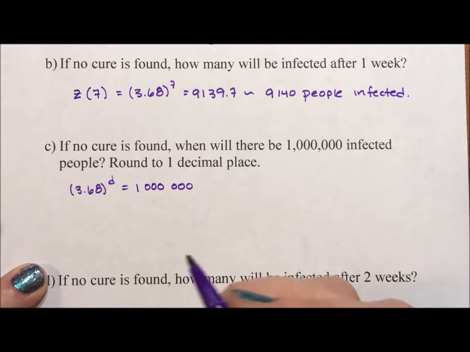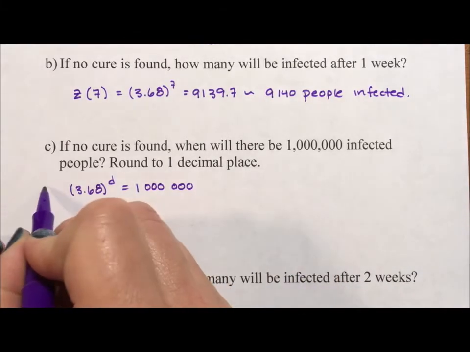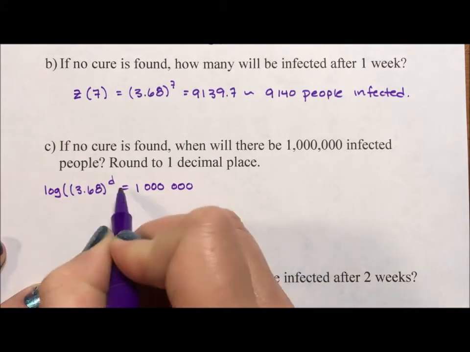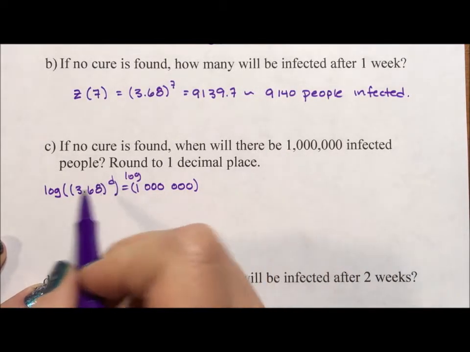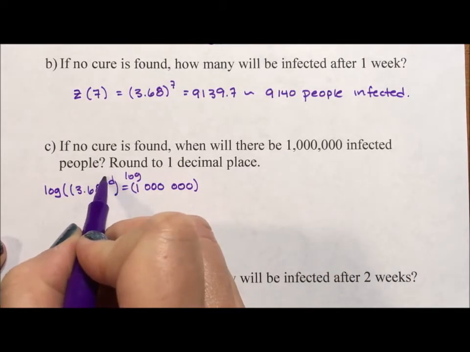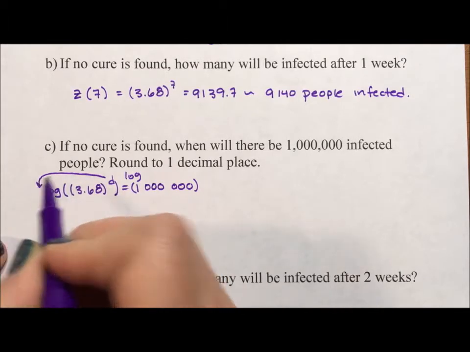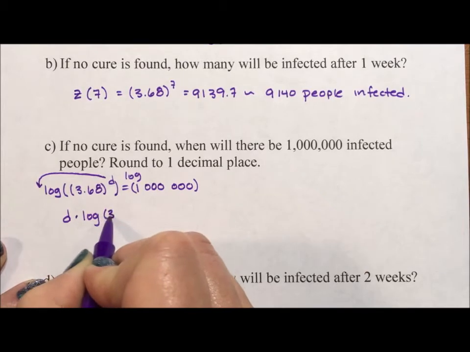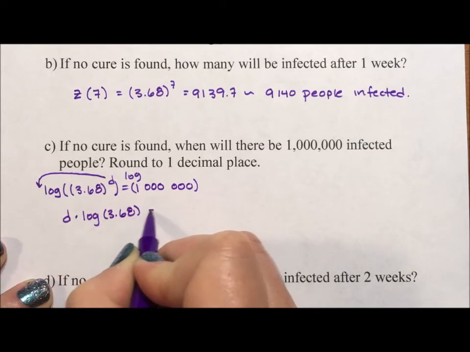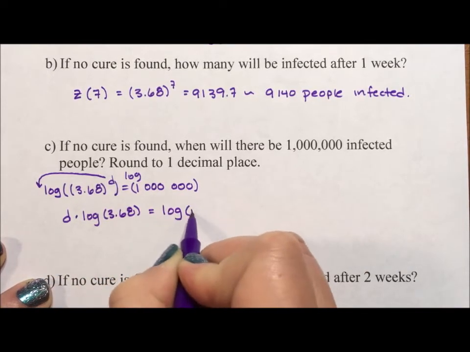Okay. So what I'm going to do is I'm going to take the log of both sides. And because logs are exponents, the power rule says that the exponent in the argument can become a multiplier. So I have D times log of 3.68 is equal to log of 1 million.